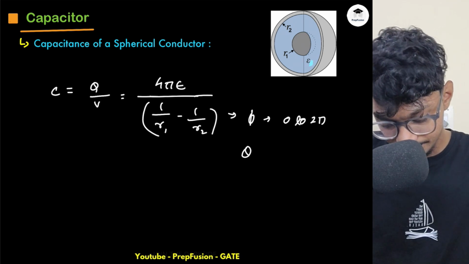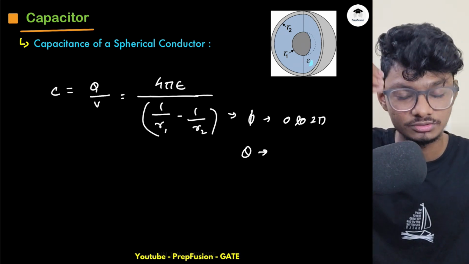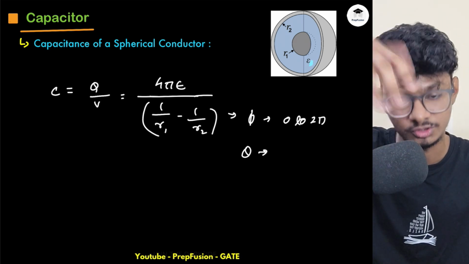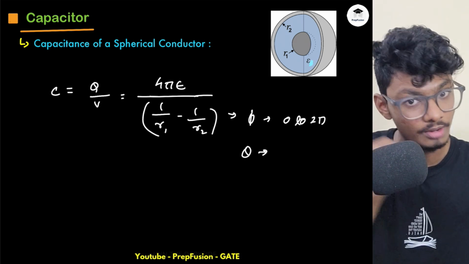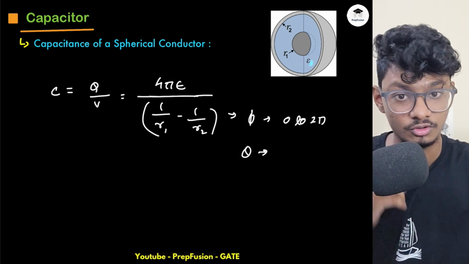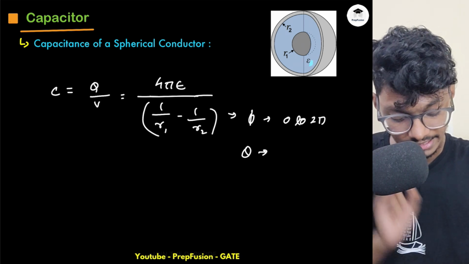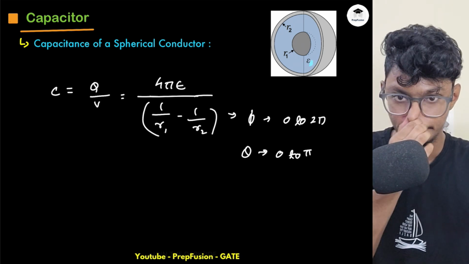What about theta? It is very difficult for me to visualize everything in front of you. For this I will recommend you remember it the way I am telling it, else it will be very difficult for you to visualize. And how does theta vary? If you remember, theta varies from 0 to pi.